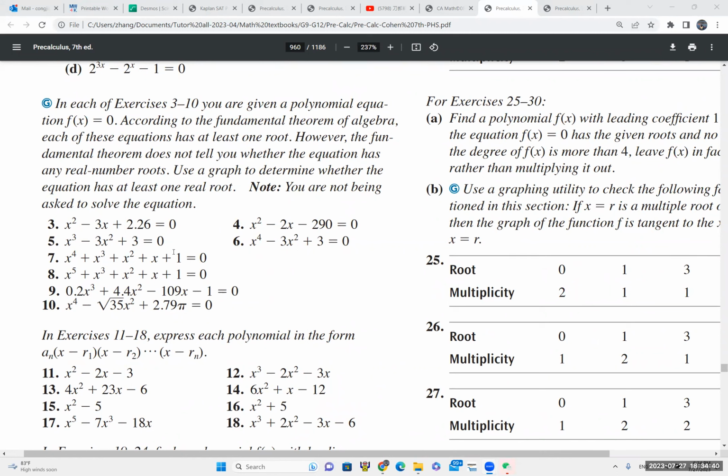So you just use decimals to draw it, right? For problem 7, you just take this as a function and draw it. If the graph of the function intersects the x-axis, then it means there is a real solution, right?